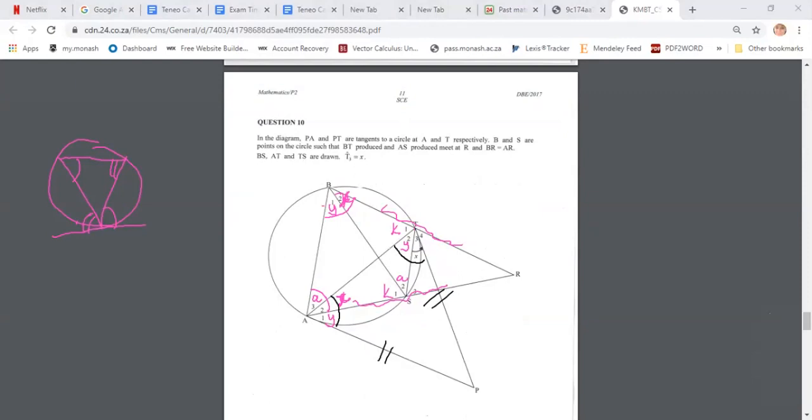So for me to be able to prove that these two are parallel, what kind of angles do I get when I have parallel lines? I have alternate angles. I have corresponding angles. I have co-interior angles that add up to 180. So somehow I need to show that this is parallel to that.